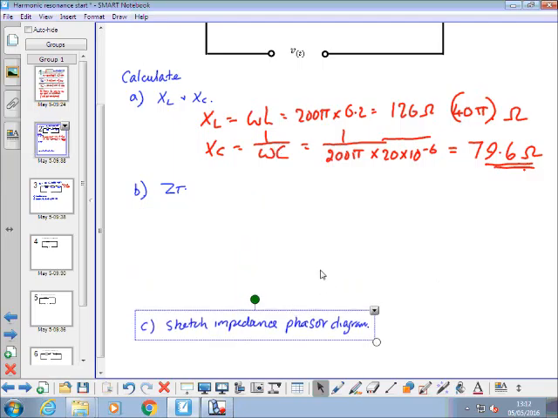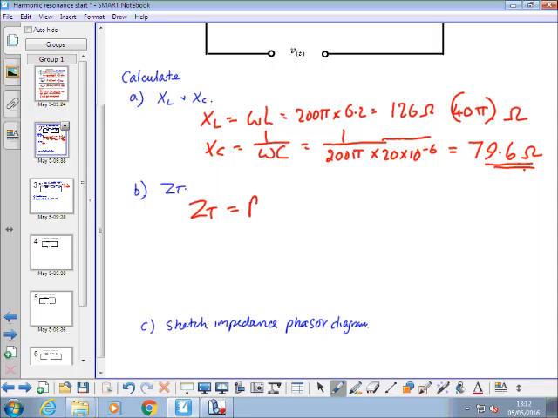And then ZT, some discussion about it. We'll eventually come up with, I would hope, ZT is equal to R plus XL minus XC J ohms.